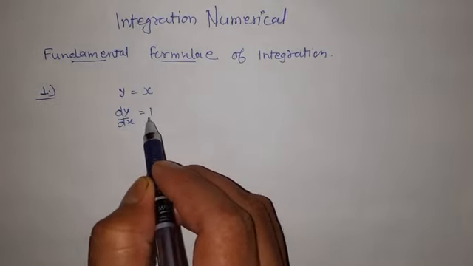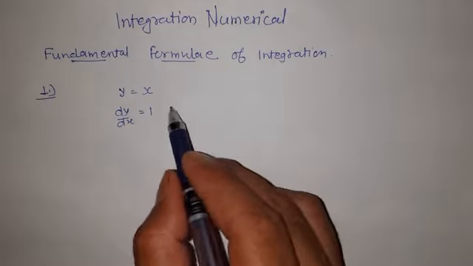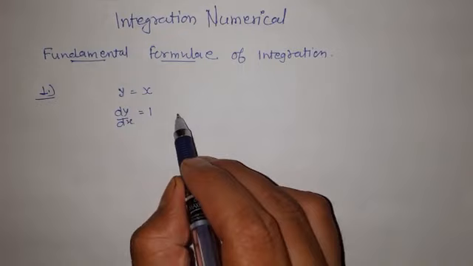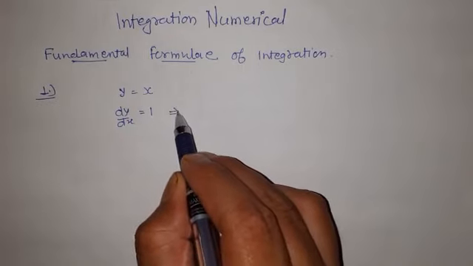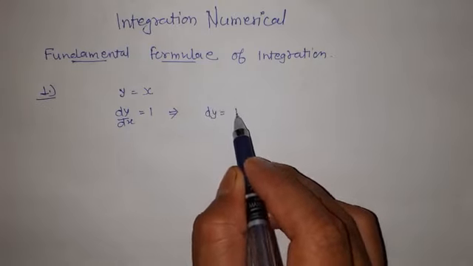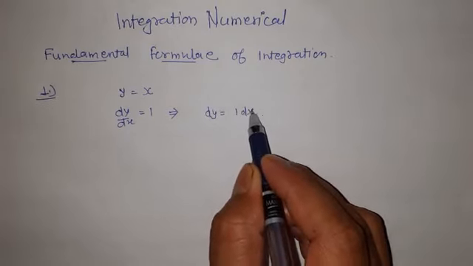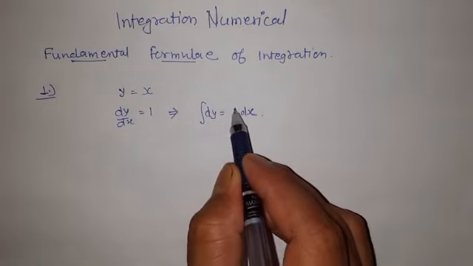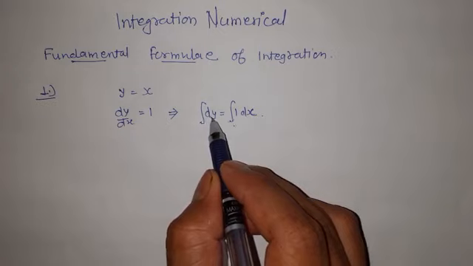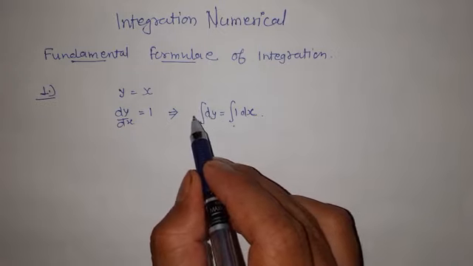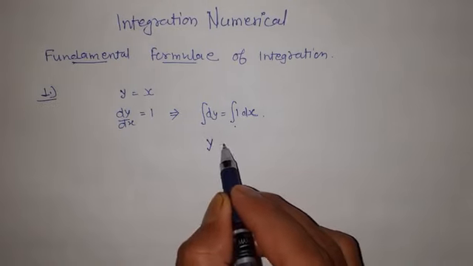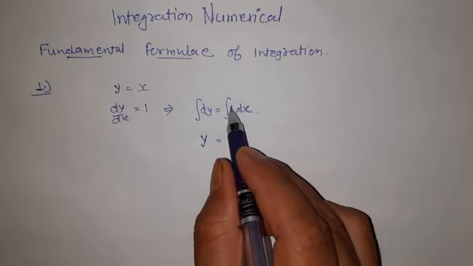So if I have to find back this y, what I have to do is take this dx to the right side, so dy is equal to 1 into dx. Now integrate. All the small y will add together to make the total y. So we will have this total y, and here this is 1.